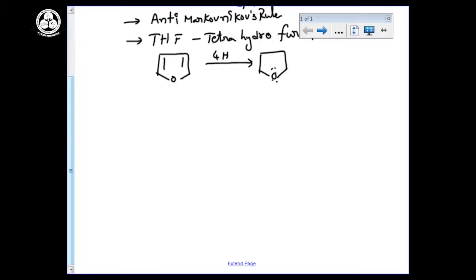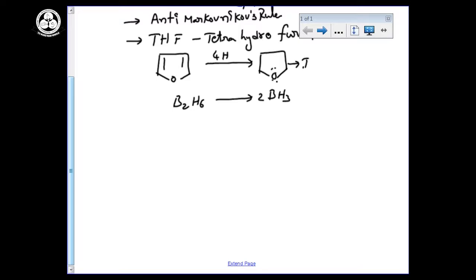See the mechanism. First, the dimer B2H6 is the diborane. We break it into monomer. It's a dimer; I convert it to monomer BH3. What is the role of tetrahydrofuran? It prevents the dimerization of BH3.